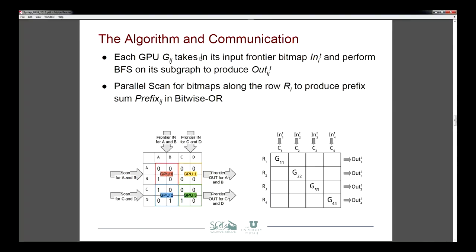Yeah, so each GPU takes its section of the input frontier and does BFS on its local partition.